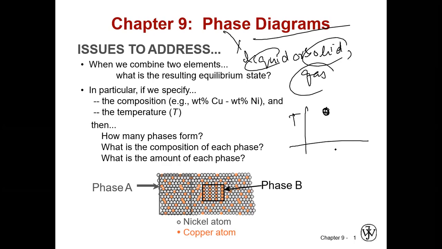This is temperature and this is the concentration, right? So it will be liquid here. And when I decrease the temperature, it will start solidifying like this. Small crystals will form. And if I decrease the temperature further, it will become solid, right? So this is basically the motivation of this chapter.